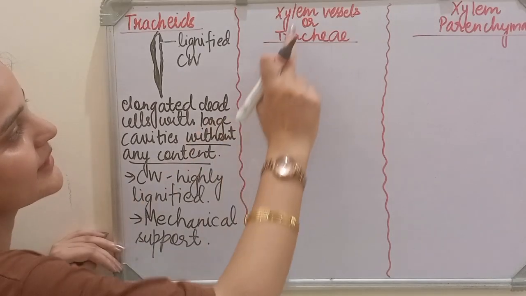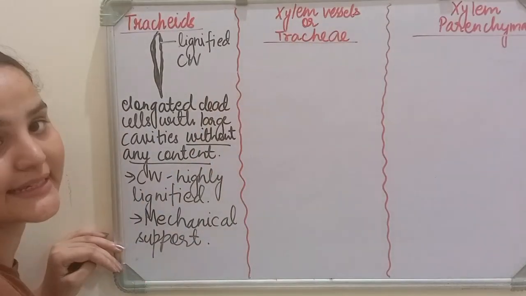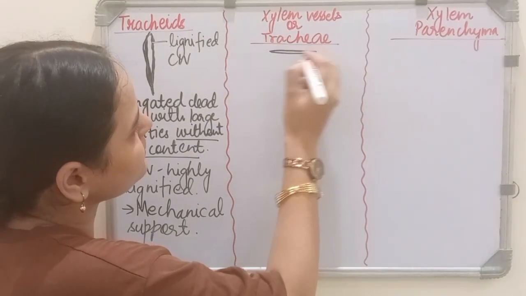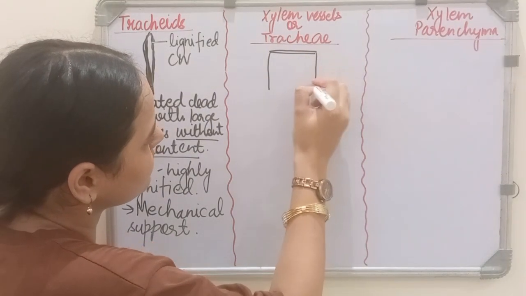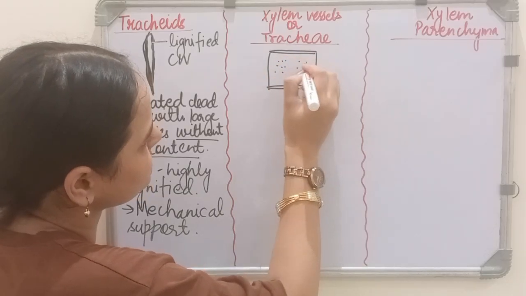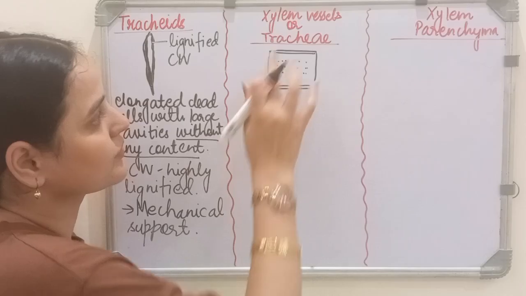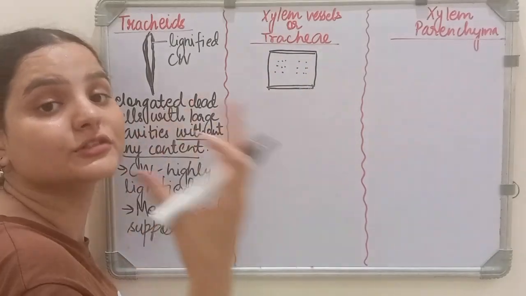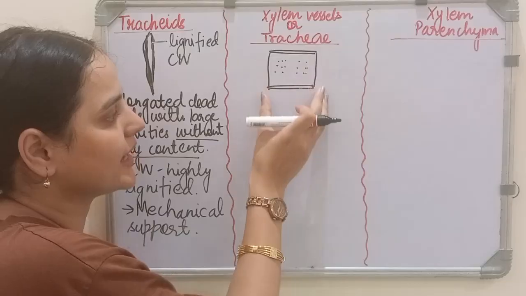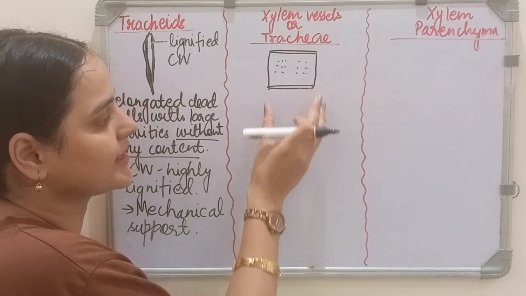Okay, now let's study xylem vessels or tracheae. This is how a xylem vessel looks. Okay, these are the pits. So xylem vessels are also elongated cells which are placed end to end. Below this another xylem vessel is there, another xylem vessel.